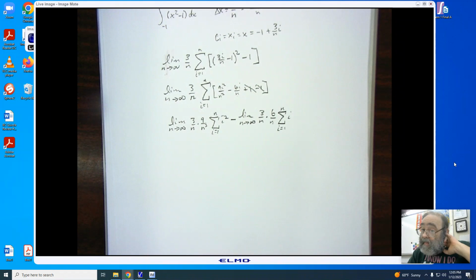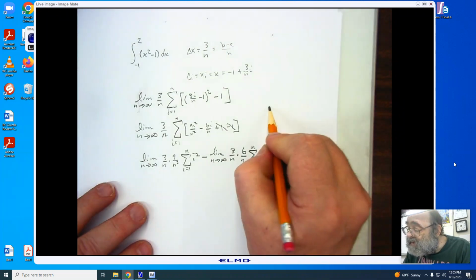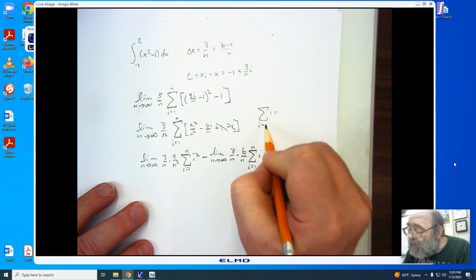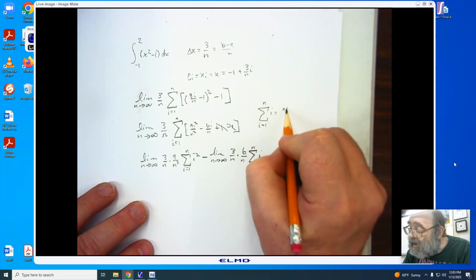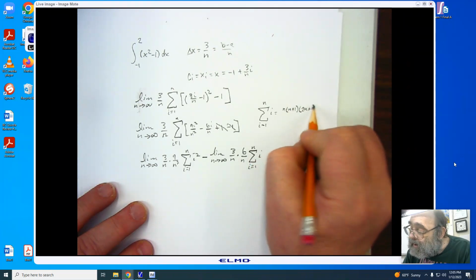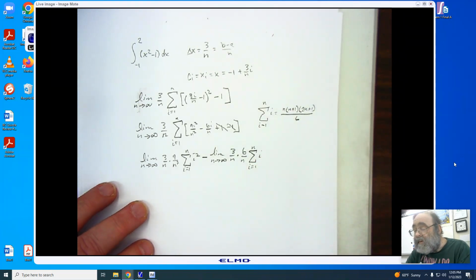Now, as we talked about in the previous video, we're talking about limits at infinity. And because I already know that the summation of i squared, as i goes from 1 to n, is n plus 1 times 2n plus 1 divided by 6.